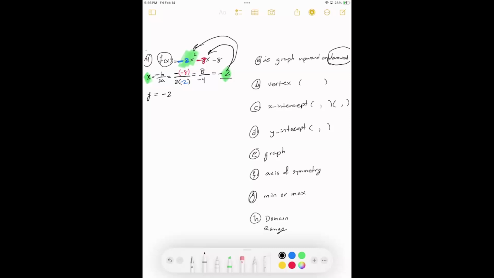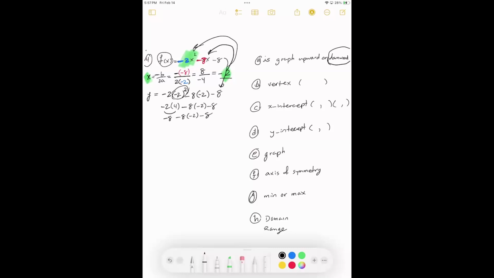I have minus 2 times x to the power 2 minus 8 times x minus 8. That's my equation. I just want to change all the x's to negative 2 to find the y value of the vertex. Negative 2 to the power 2 is negative 2 times negative 2, which is positive 4. Negative 2 times 4 is negative 8.